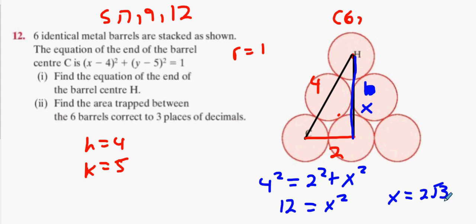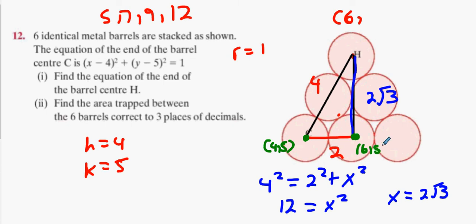Now, here's the issue. Okay? Can anybody tell me what point the green one is? If this one's 4, 5. If the first green dot's 4, 5, what's the second green dot? 6, 5.